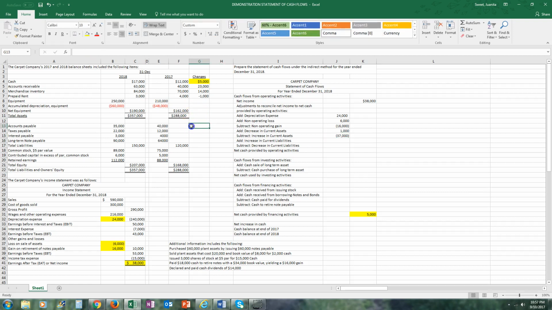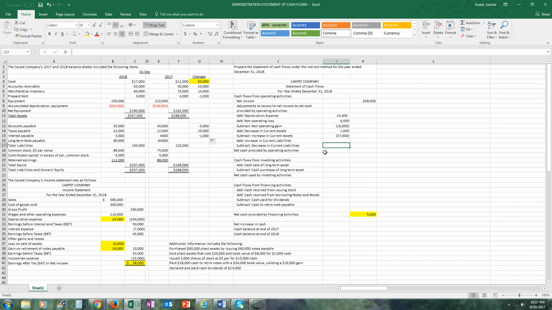Now we look at our liabilities. In the liability section, we see that accounts payable went down. If the accounts payable went down, then that is because we paid the liability.